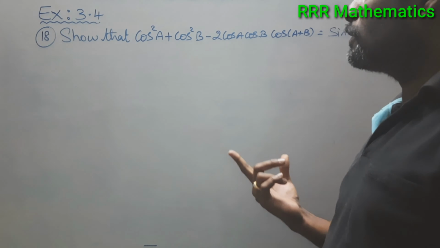So, cos square a plus cos square b. Take this one inside. Minus into plus minus 2 times cos a cos b into cos a cos b, cos square a cos square b. Here minus into minus plus 2 times cos a cos b sin a sin b.